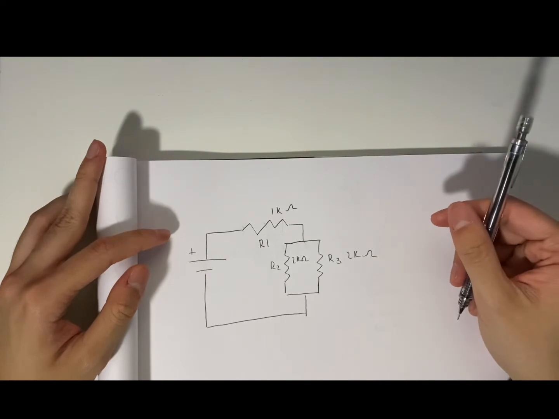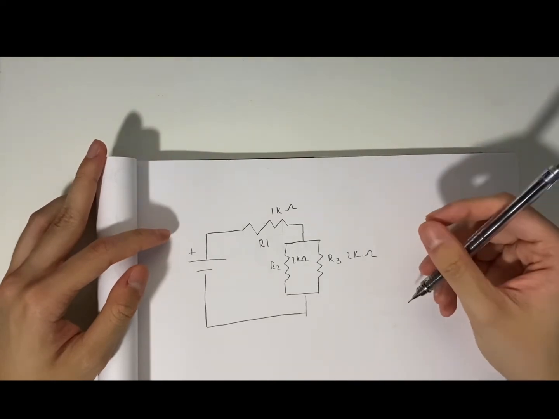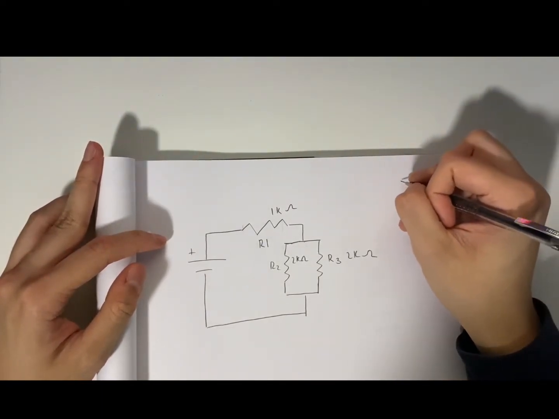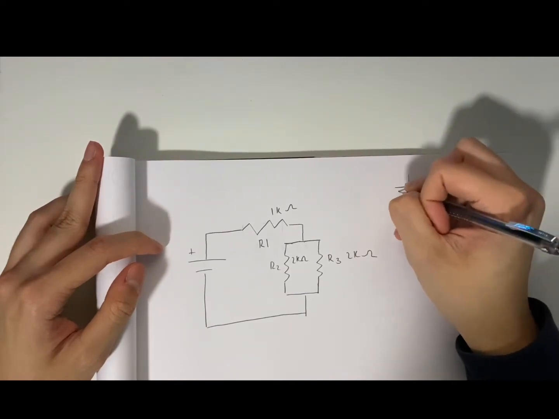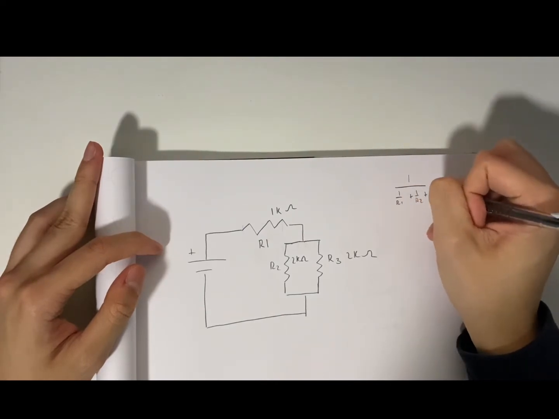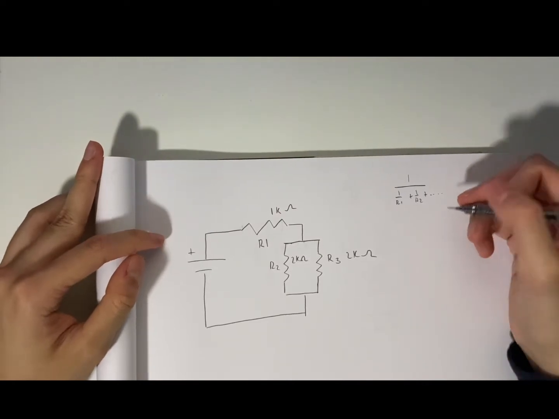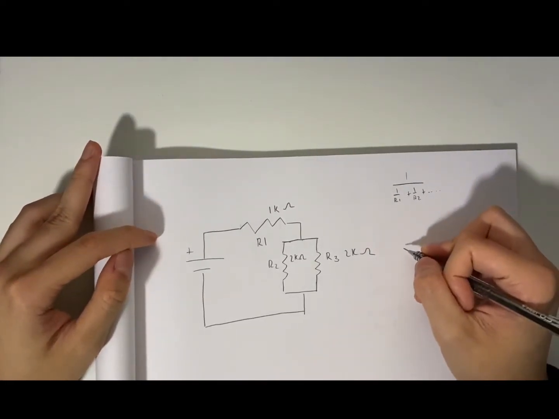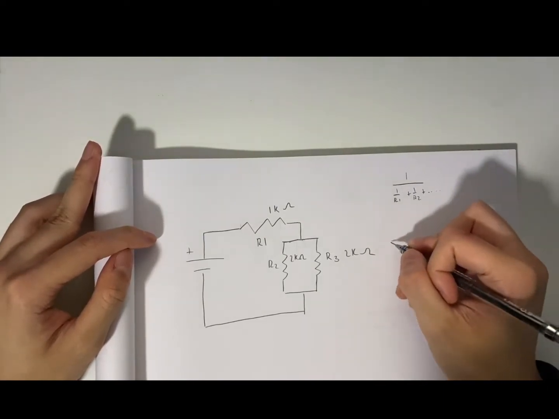And if you remember, resistors that are put in parallel, we can find them by 1 over R1 plus 1 over R2 plus, however many more. But the nice little trick here, if we only have 2 resistors in parallel, we can find it faster by using this.